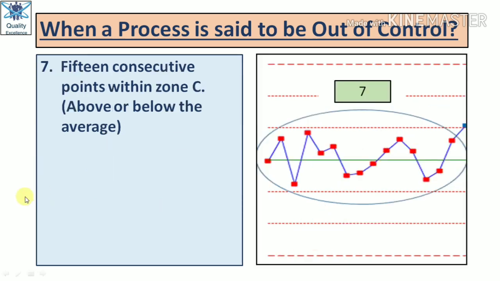Seventh is 15 consecutive points within zone C, above or below the average. You can see here 15 consecutive points are either above or below the average and they are within zone C. Normally when we see this, we consider that the process is very good, but as far as SPC is concerned, this condition is considered as an out of control condition.